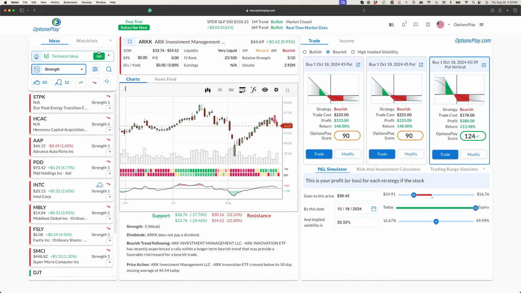If you are counter trend, you want to find stocks that are at the most extreme levels as possible. The highest scores are the ones that are most bearish. The lowest scores are the ones that have the most bullish potential. This is a great way to help you identify those opportunities so that you don't necessarily have 160 ideas. You really just have a handful of ideas out of those 160 that you really want to hone in on.